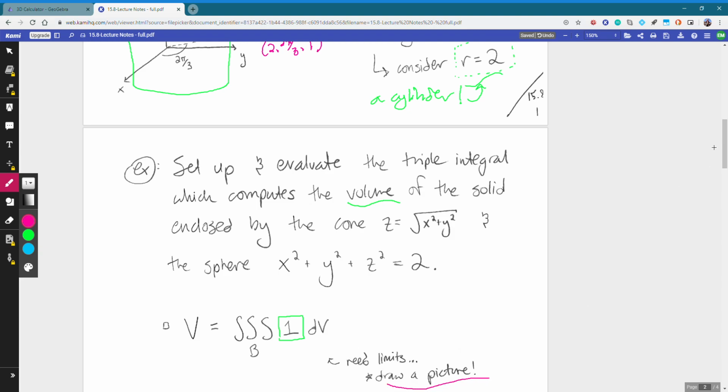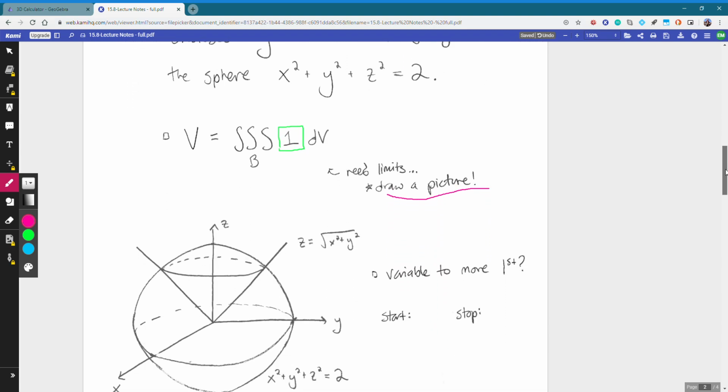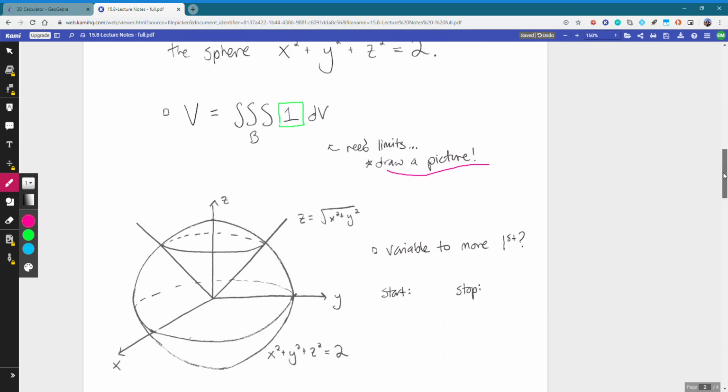And so here we just have these 2 surfaces that are going on. We have this sphere centered at the origin. There it is. And pop quiz, what is the radius of this sphere?